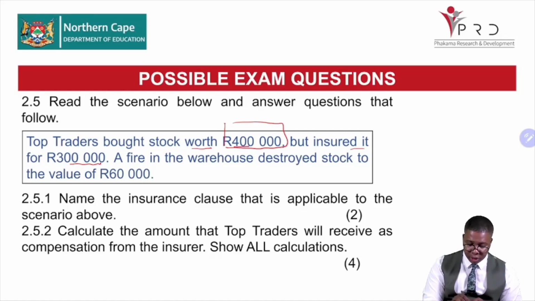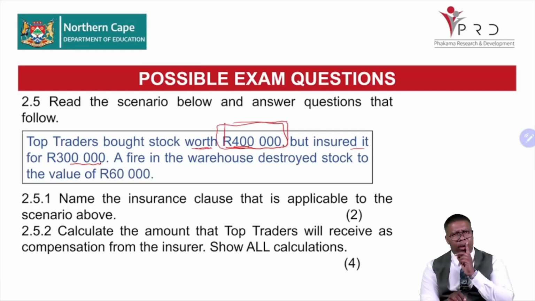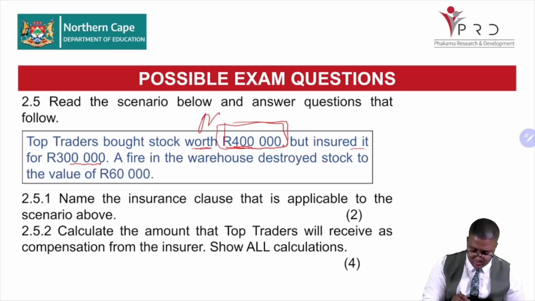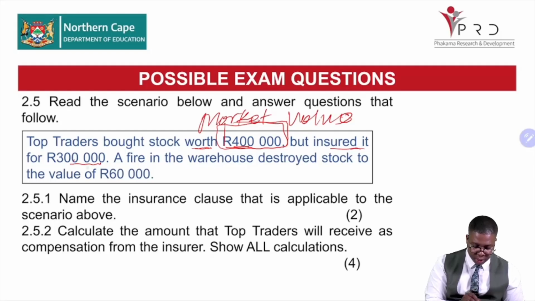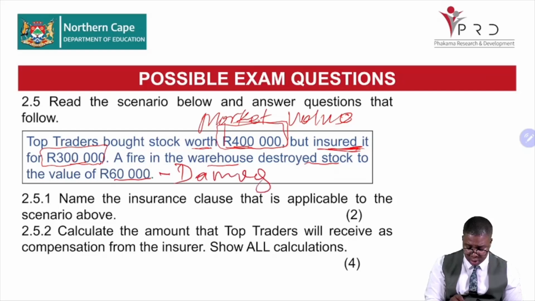When we are saying the stock is worth 400,000, let's be clear, this is the market value. Then, but insured it for 300,000. So the insurance amount is 300,000. Underline that part. And then a fire in the warehouse destroyed stock to the value of 60,000. So there was damage there. We need to note that this is a damage.